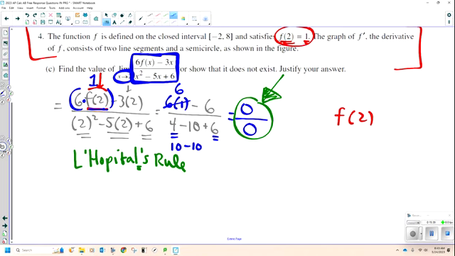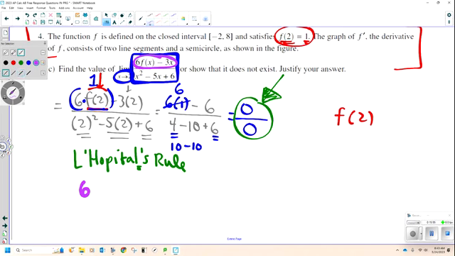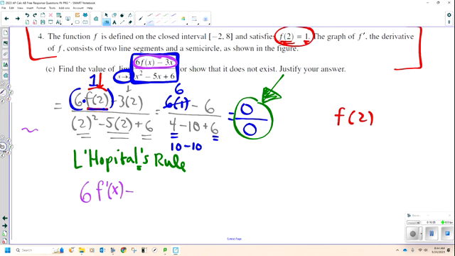So let's take the derivative, and we'll go to purple again. Let's take the derivative of just the top, and that will become the new numerator. 6 times f of x becomes 6, that's a constant, times f prime of x, minus the derivative of 3x, which is just 3.